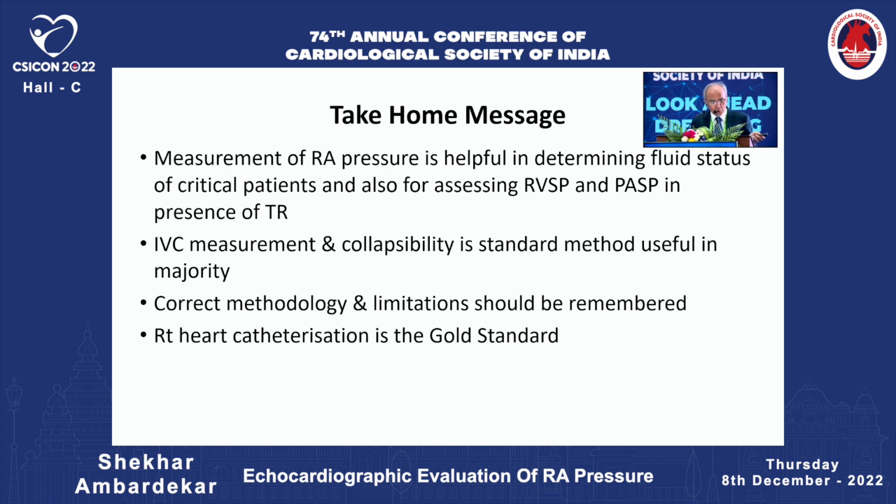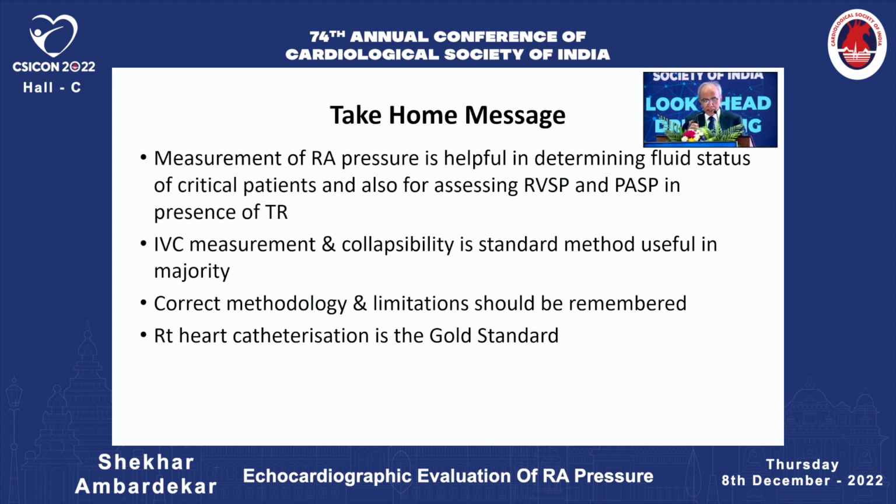So friends, in short, measurements of RA pressure are helpful in determining fluid status in some patients, and most importantly for getting RV systolic pressure and therefore pulmonary artery systolic pressure, in the absence of pulmonary stenosis, when there is TR. And of course, we are going to have a full talk on this by Dr. Prayakini soon after this.